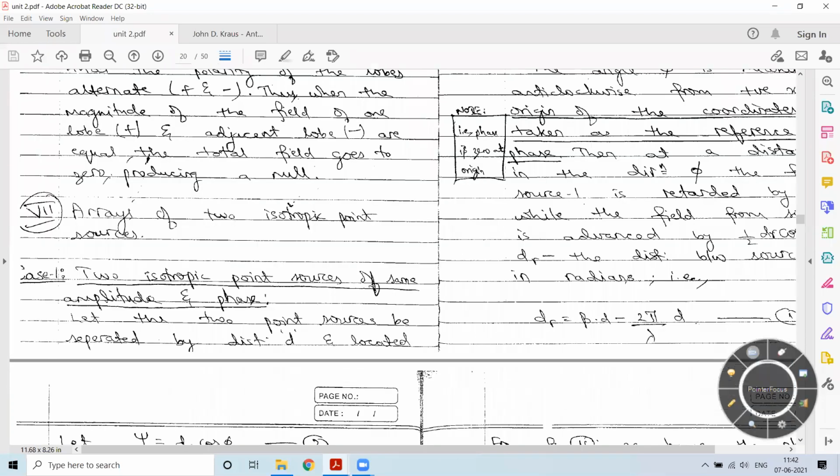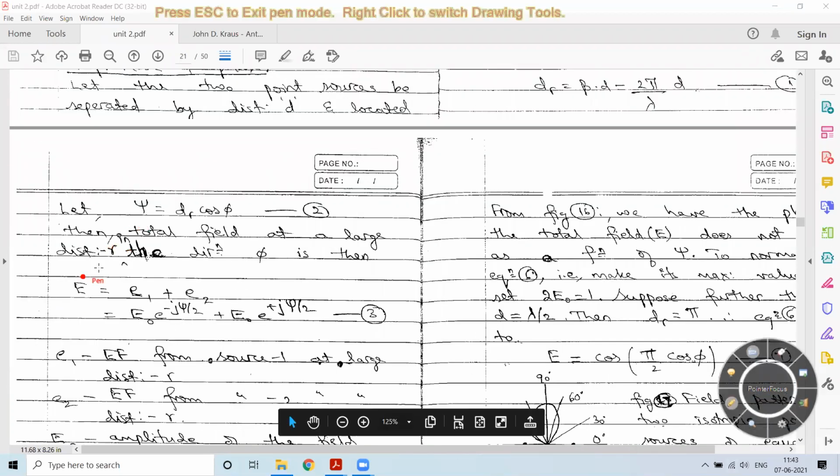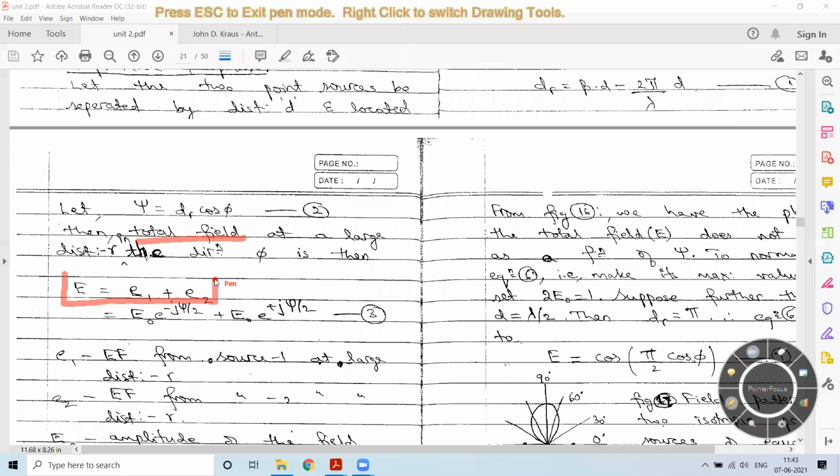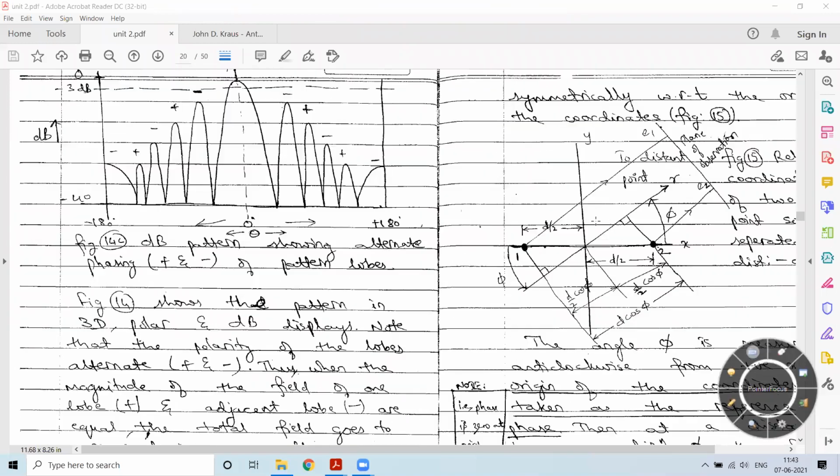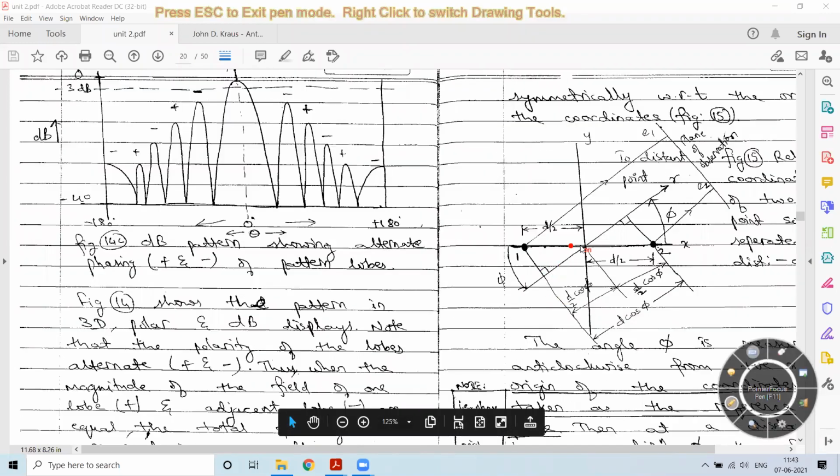In this one, the total field will be given as E is equal to E1 plus E2, where E1 is field due to source 1 and E2 is field due to source 2. As we specified, if I consider this point, E1 is lagging and E2 is leading.